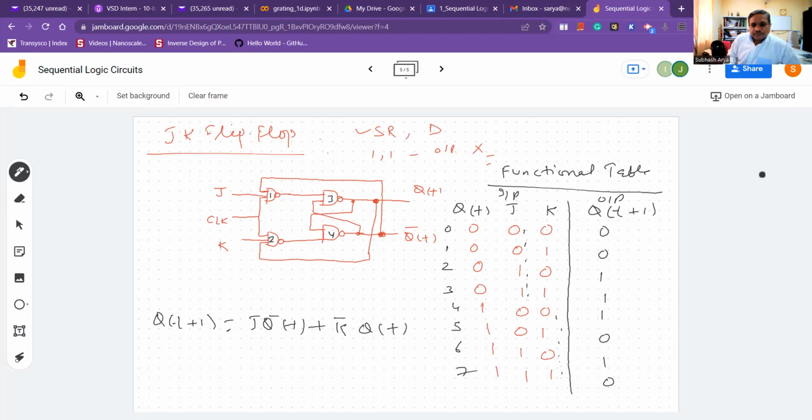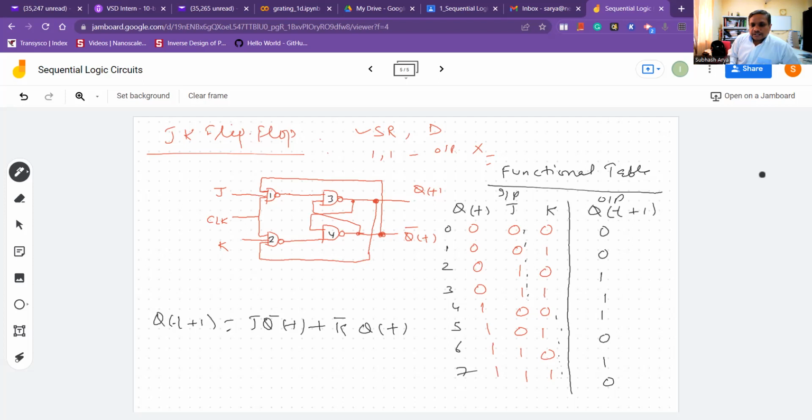So for the first four rows, Q(t+1) is nothing but J: whatever J value is there, 0 0 0 0 1 1 1 1, all four values of J are replicated in the output. Now the rest four are K bar. K is 0, the output is 1; K is 1, the output is 0; K is 0, the output is 1; K is 1, the output is 0.